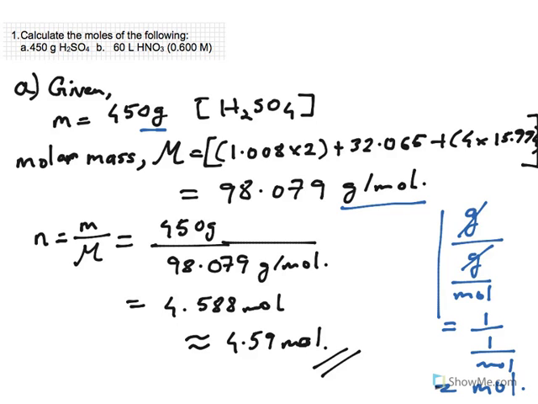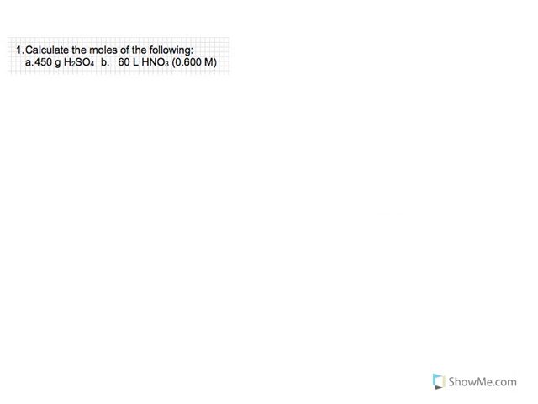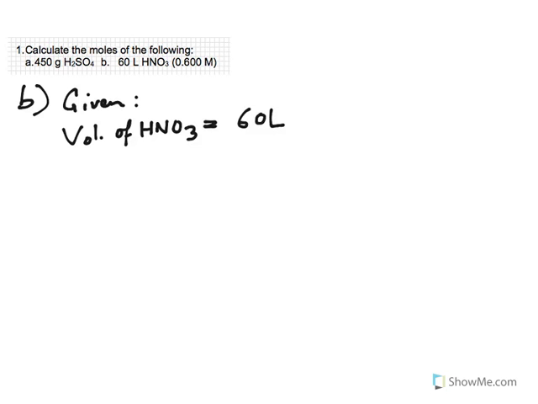Now, let's move on to the next part of the example, where we have 60 liters of nitric acid, or HNO3, and we are also given the concentration of nitric acid, which is 0.600 molar. Now, let's rewrite the information. We are given volume of HNO3 is equal to 60 liters.